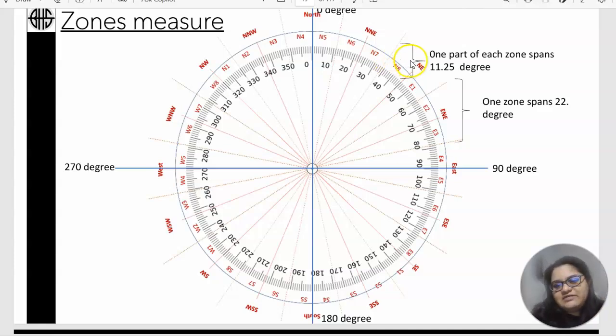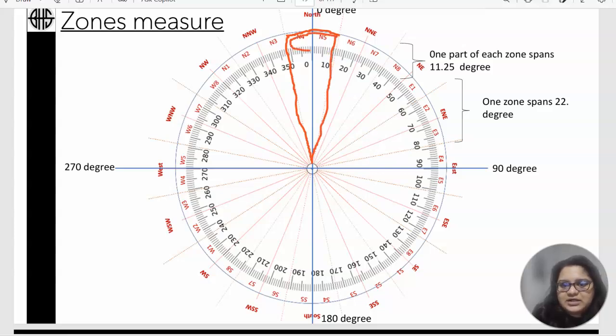Just now we understood the north zone, correct? The north zone has to be where the cardinal axis is 0 degree. The north directional line must be in the center of the zone. So 11.25 comes here, 11.25 comes here. So this much is my first zone. I'm just putting it like this. A little here and there it might happen because it's a freehand drawing.